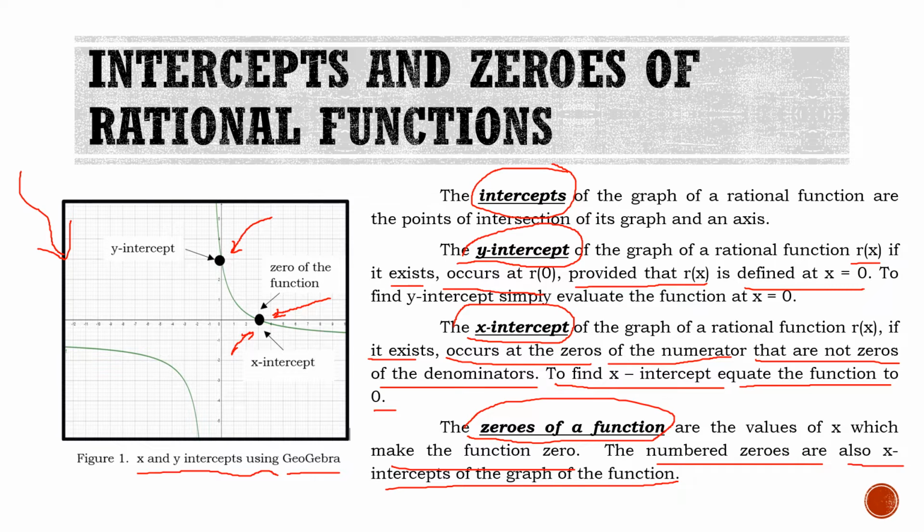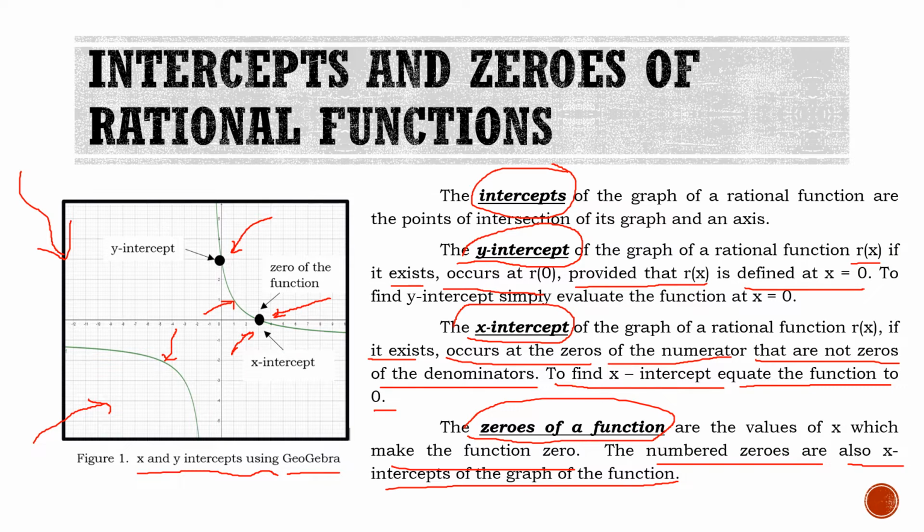Now, using this graph in your figure number 1, here again, this will be your curve that will represent your rational function. Again, all points of intersection between the curve that represents your rational function and your x and y axis will serve as your intercepts.